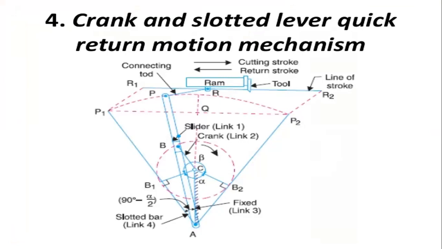it consists of a slotted bar. You can see in the figure the crank and slotted lever quick return motion mechanism. This is the crank, which is in between the two positions, that is AP1 and AP2.